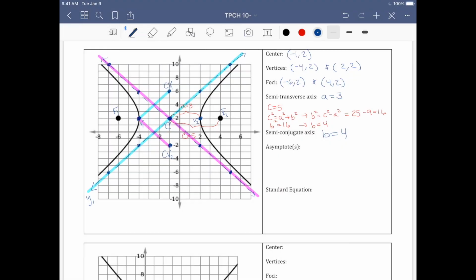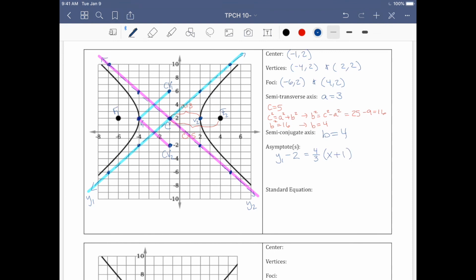So the equation of our blue line, actually I'm going to call this one y2 just to keep with the same essence of labeling. I know we're getting kind of messy here, but the equation of our y1, here I'll just call it y1. I'm going to use the center as the point for my point slope form. So the k value here is 2, equals, and our slope was to go up 4, right 3, so this is going to be positive 4/3 times x minus h, so minus negative 1, so x plus 1.